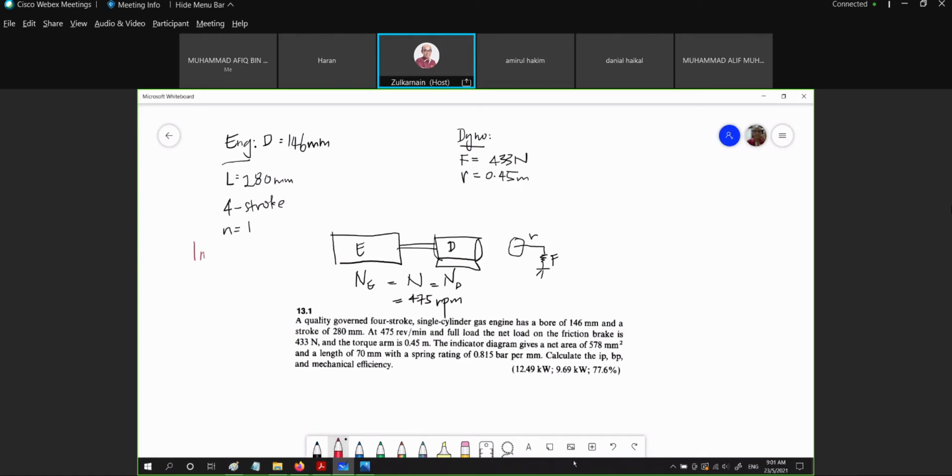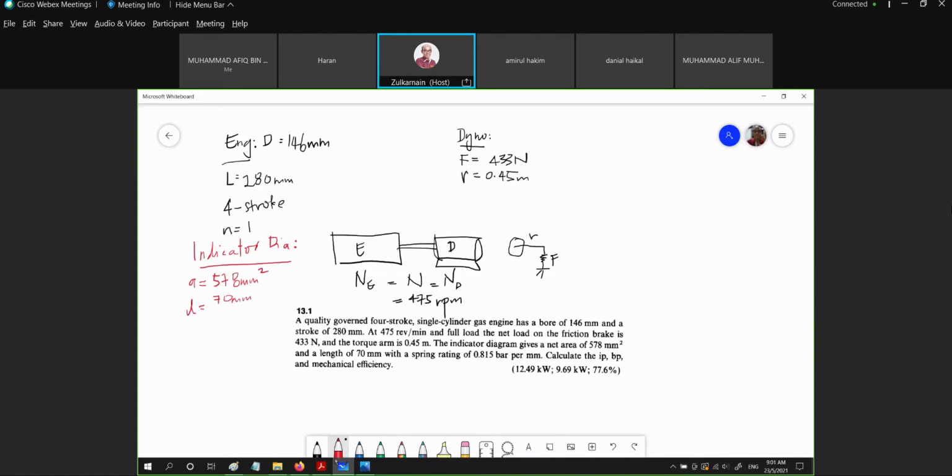So our parameters for the indicator diagram: the area of that diagram is equivalent to 578 millimeter squared. And the length of the indicator diagram is equal to 70 millimeter.